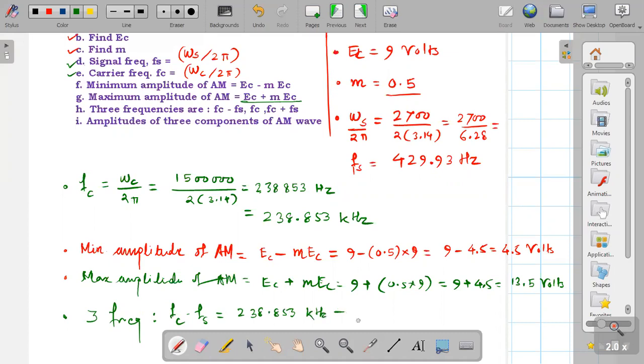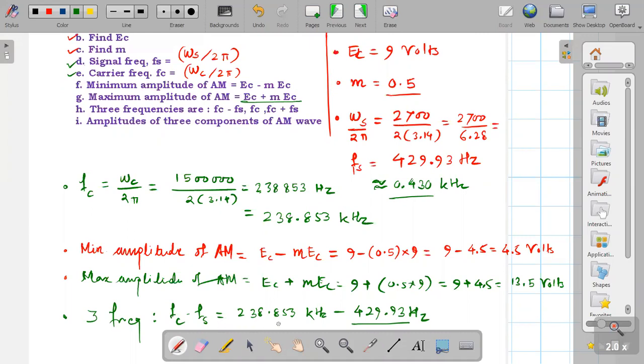What is the signal frequency? 429.93. That is in what? Hertz. Therefore, first convert this into kilohertz. Approximately equal to 0.430 kilohertz.